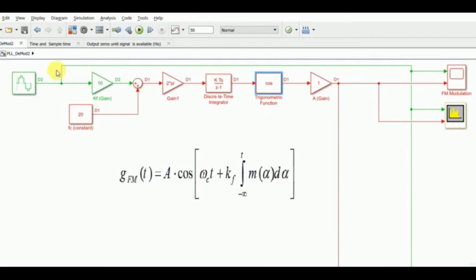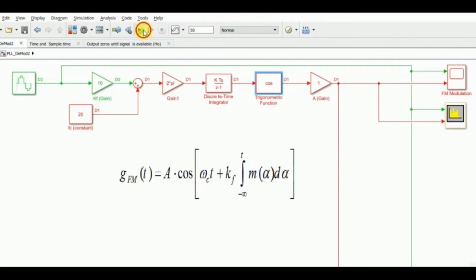At the same time, message signal is also fed to a scope. Also, the message signal is fed to spectrum analyzer, and the output is the frequency modulated signal, so this is also fed to the scope.